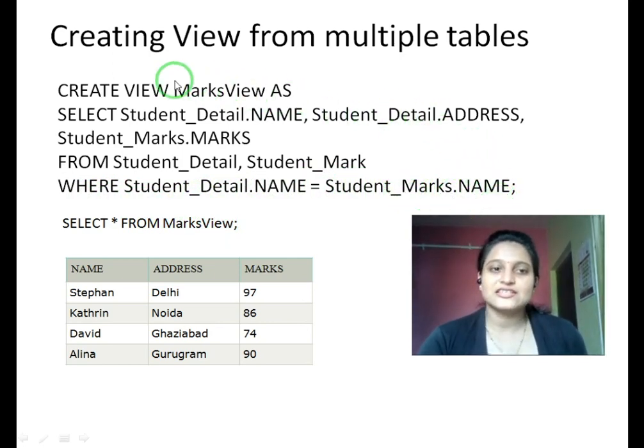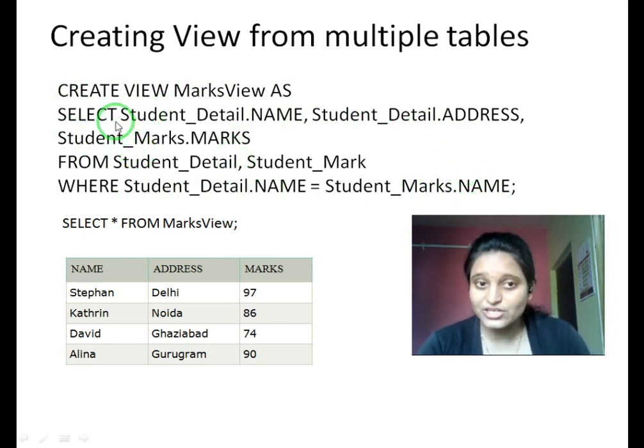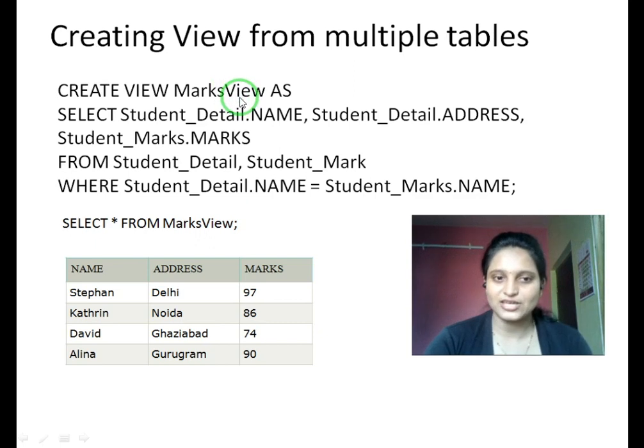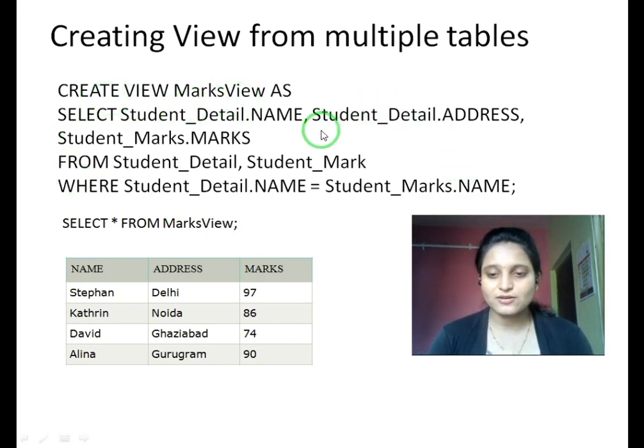Okay, in this way, the information is fetched from this nested query and placed into marks_view. Now marks_view is another virtual table that gets created. The result of this nested query is retrieved and placed into the virtual table marks_view.